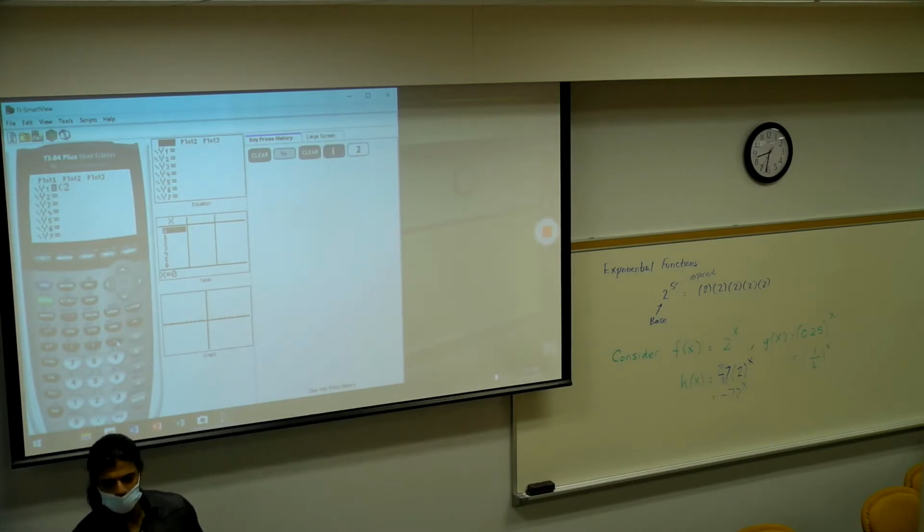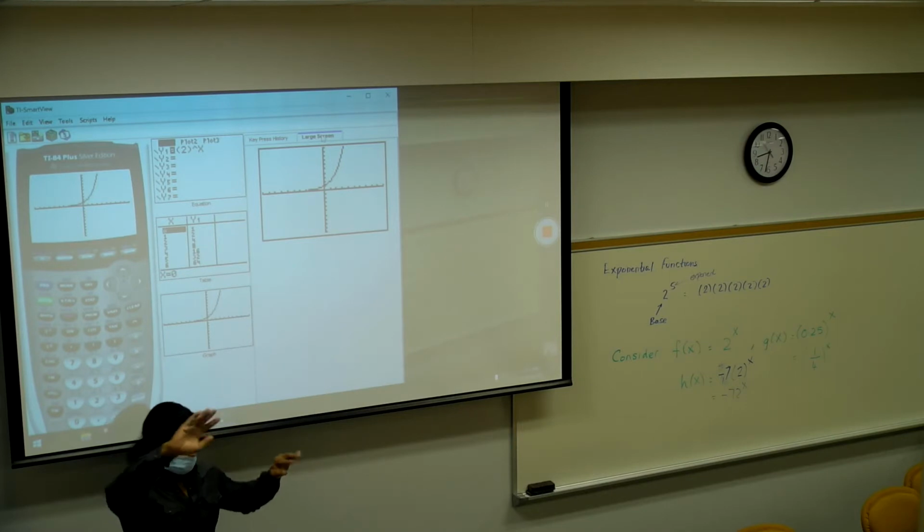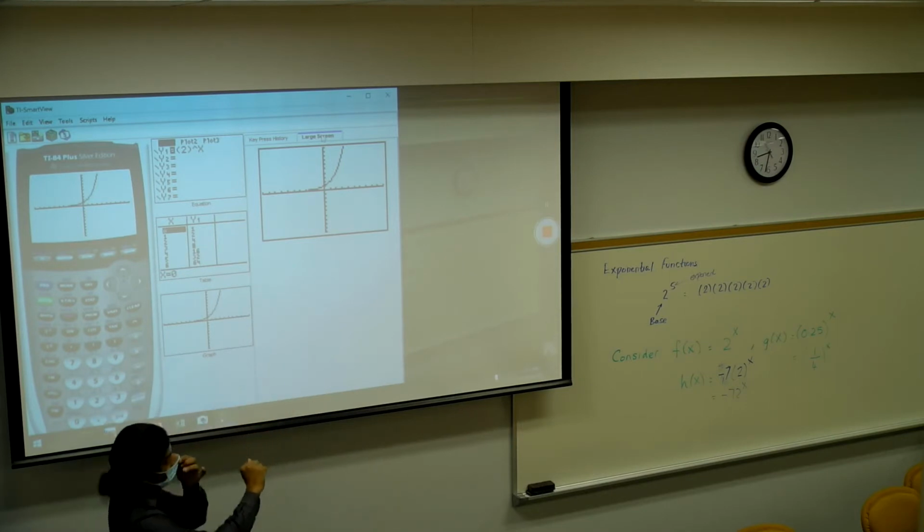I like the number 2, so we'll just go with 2. What do you see? It's a curve that's going up, right? Do you see a negative value for y?